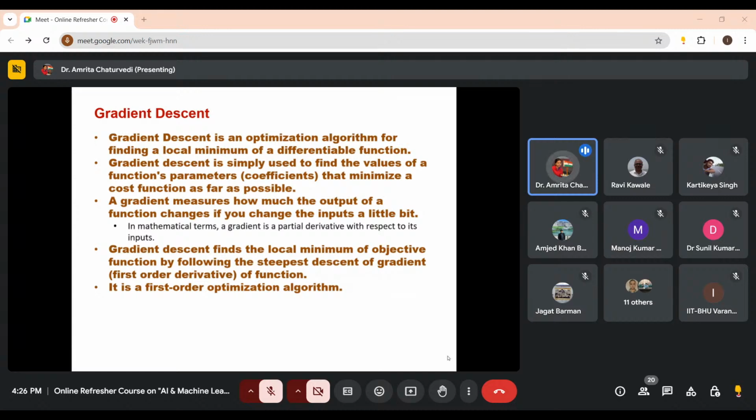Then again at that point you check your surroundings, find the steepest slope and take one step ahead. This you keep on doing till you reach the bottom of the cliff. So this is the gradient descent algorithm, which calculates the gradient at each step of its iteration and keeps on doing it until it achieves the optimal solution, that is the global minimum.